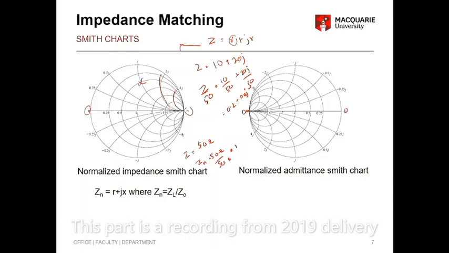It's on the real axis, you will see the 1. So anything that's 50 ohm, which is 1 normalized, will be in the middle of that circle. When you read off that, it's actually 1 plus 0j, right? So the 1 is the real part, and that's on this horizontal line.